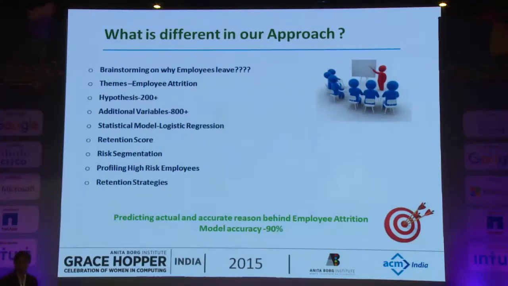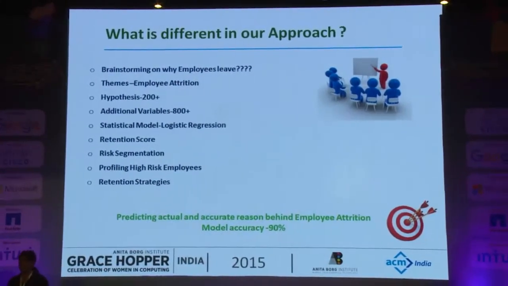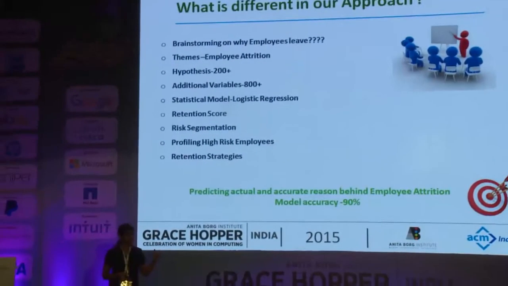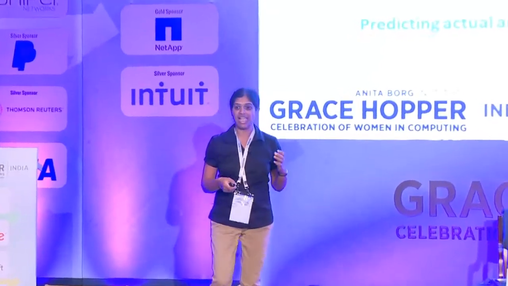I have seen many organizations do retention risk models using basic variables that are available with them or in their data source. When I say basic variables, maybe employee level, business unit, business group. But using a different, very detailed approach will help you come up with a very accurate model.